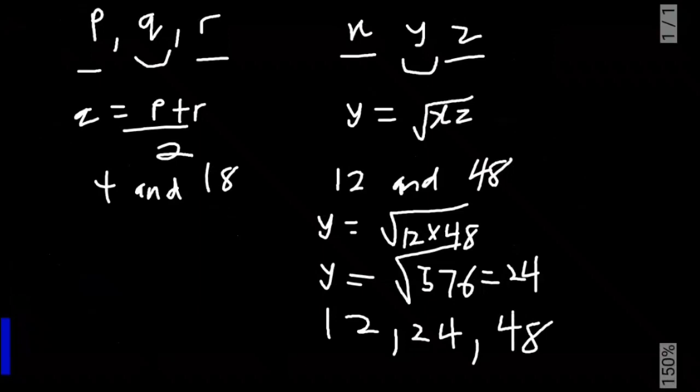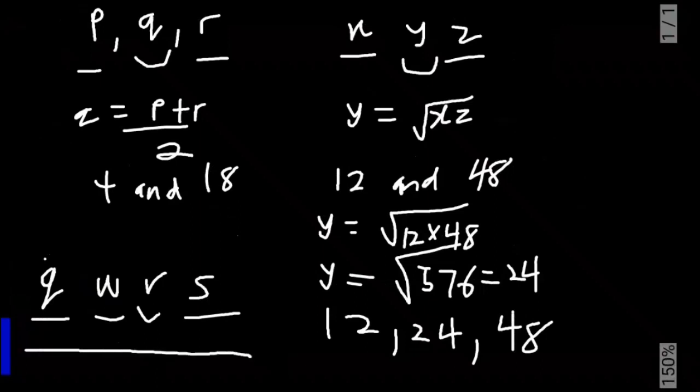So what if between the terms, let's say we have Q, W, R, X, and the value of Q was given, the value of X was given, but the value of W and R was not given, and we're told to find two arithmetic means between Q and X. How are we going to solve that?